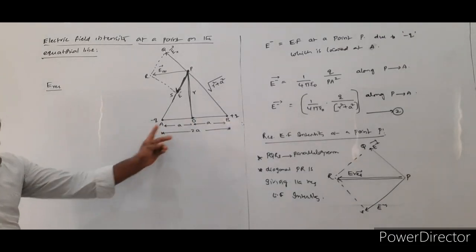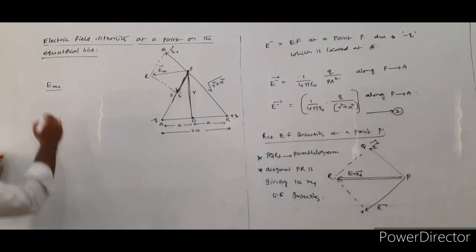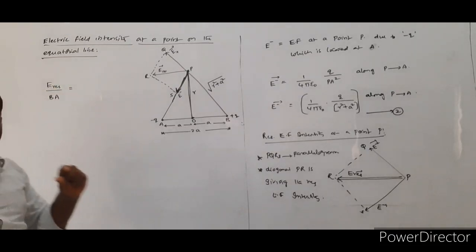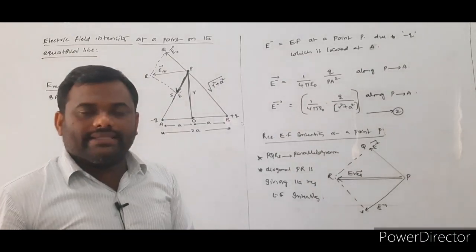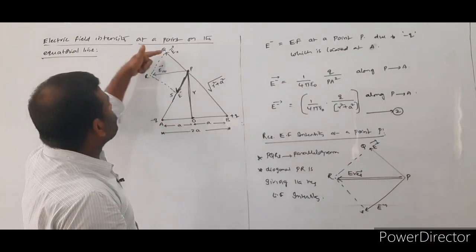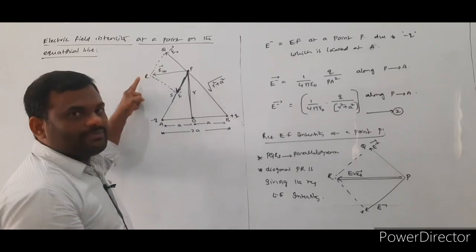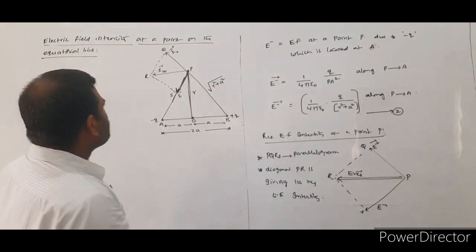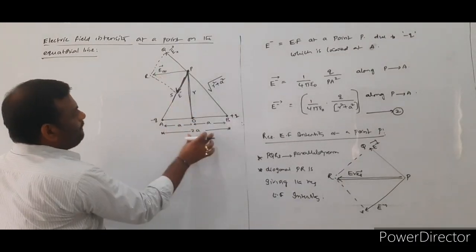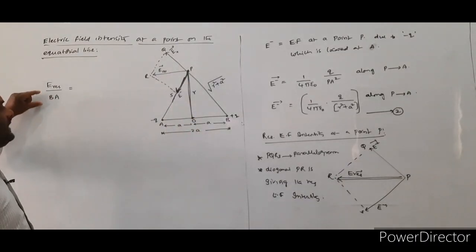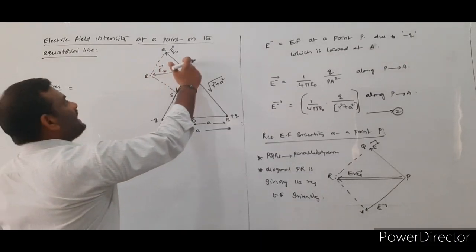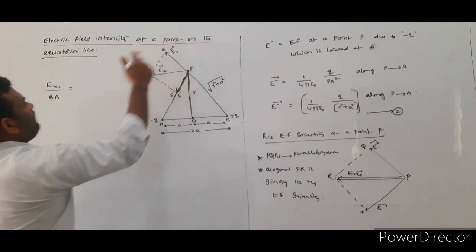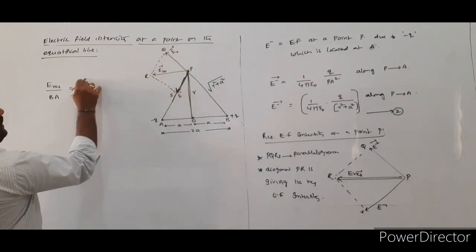If you consider the similar triangles principle, PQR is one of the smaller triangles, and BPA will be the other similar triangle. So the base of this triangle by the base of that triangle is E resultant by BA, and the side of this triangle, in this direction, which field will be there? E plus bar will be there.